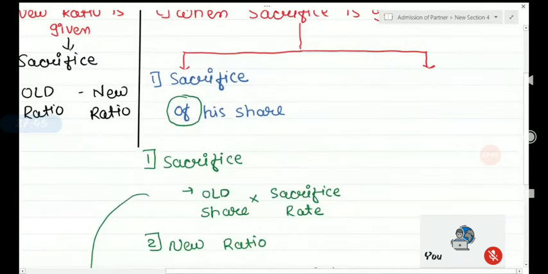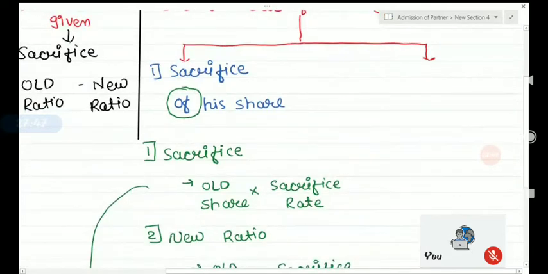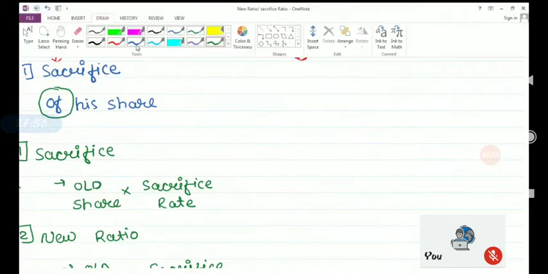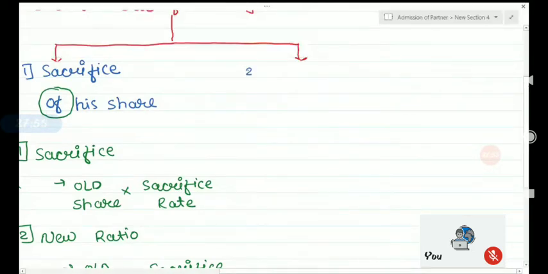Next method: the partner has clearly said that I am sacrificing this much amount. Partner is sacrificing from total share.